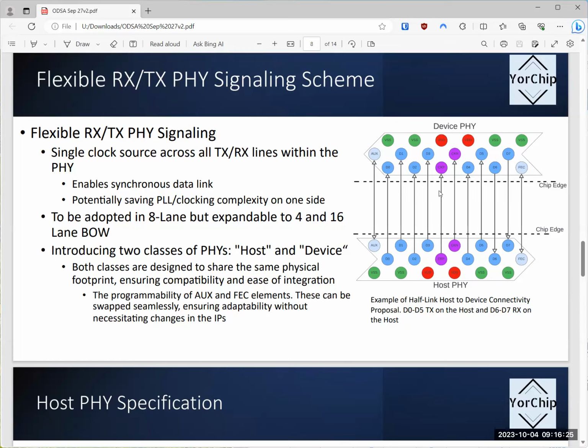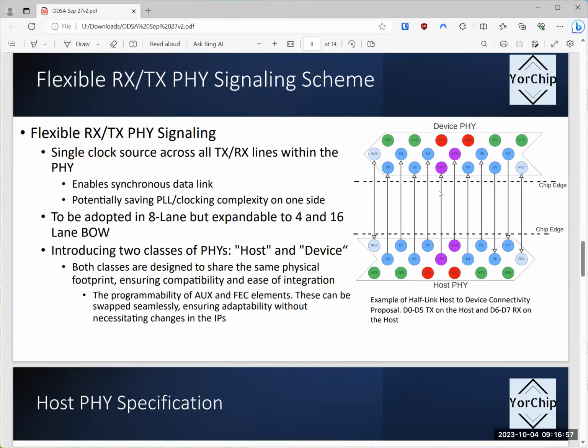My question is more towards the IP reuse, the physical IP reuse perspective. Look at it this way: this mode enables you to save area, but if you're still using the old one, you won't save the area. You need a dedicated PHY just for these modes to be inserted inside the die.